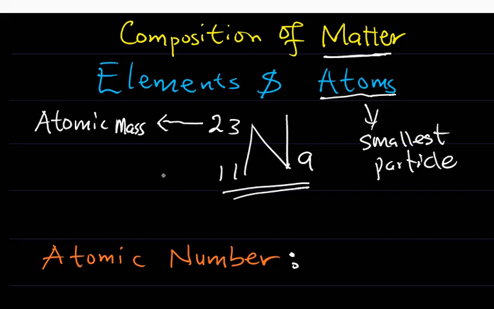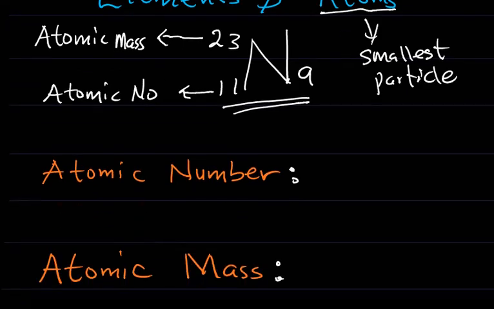I'm going to tell you what atomic mass of an atom is. Now the number right here is the atomic number of that atom. Let's start with atomic number, which is the subscript. The atomic number is denoted by the symbol Z.